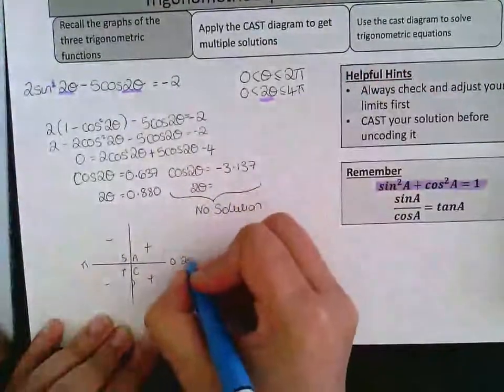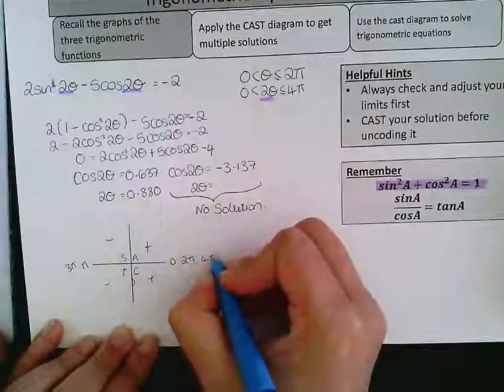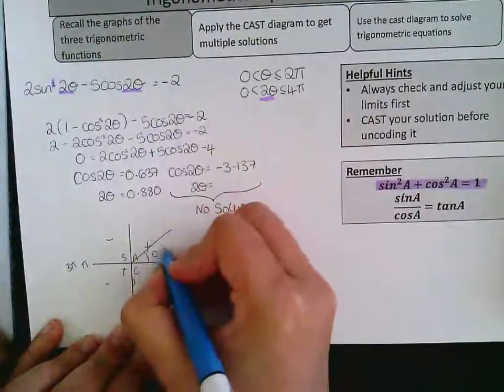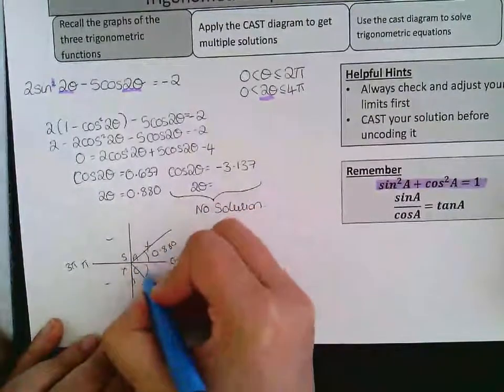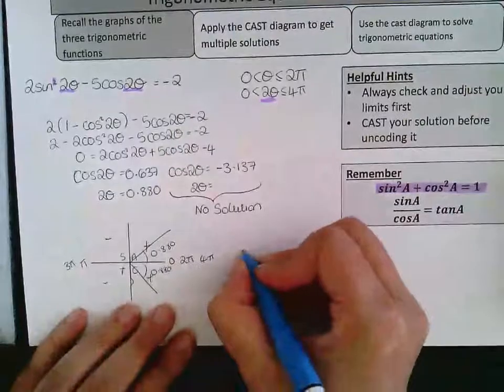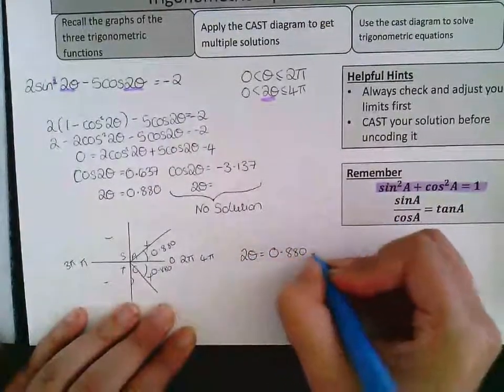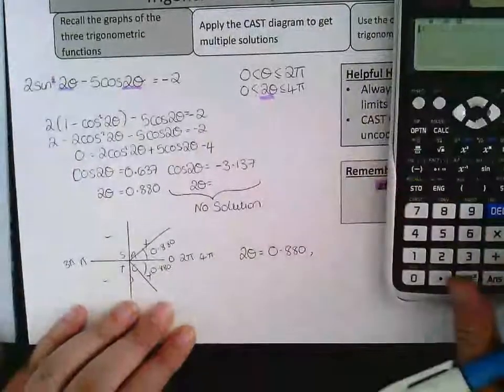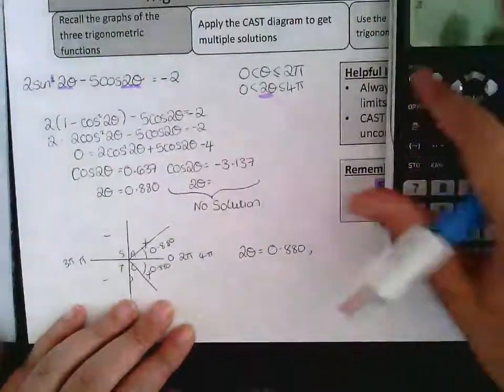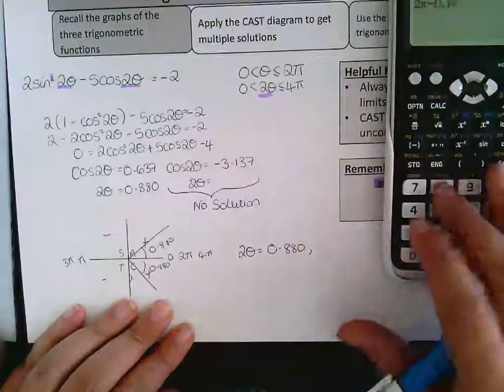I'm going up to 4 pi, so that's twice around my diagram. So my solutions for 2 theta are 0.880 and 2 pi minus that.